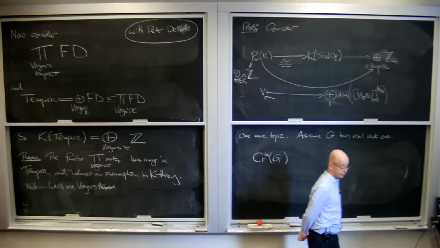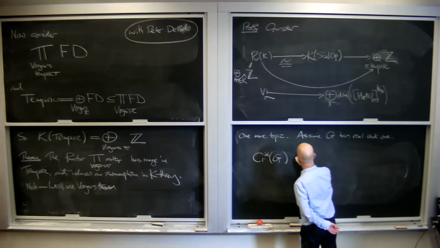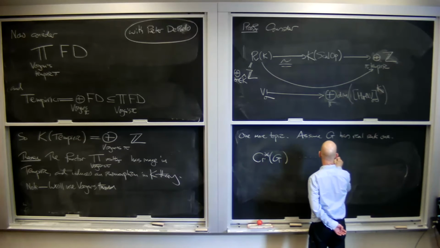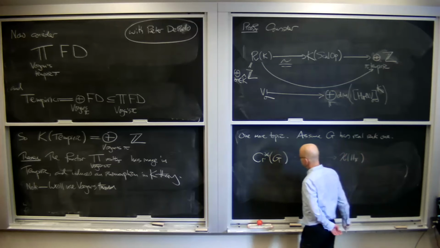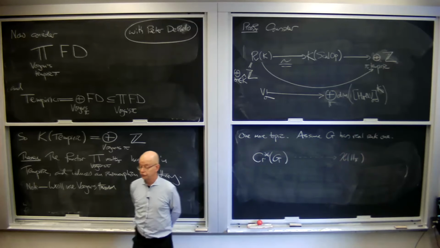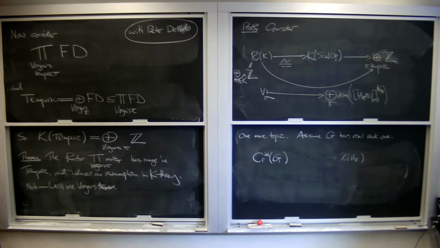And what is the picture? Well, let's just think about it. Here's the reduced C-star algebra of G. And each time you have an irreducible representation of G, which lies in the reduced dual, you get an irreducible representation of the C-star algebra. And where you land up is in the compact operators on the Hilbert space.